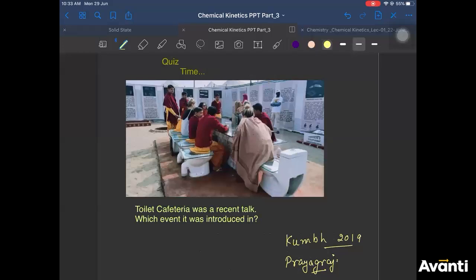So to avoid that, they used small concepts, like movable dustbins, and cafeterias where the toilets were there, so that people are interested in staying clean, right? So that is why they did it.